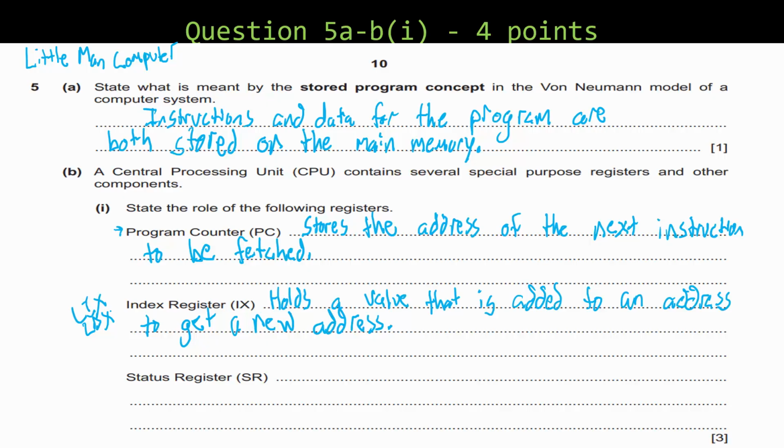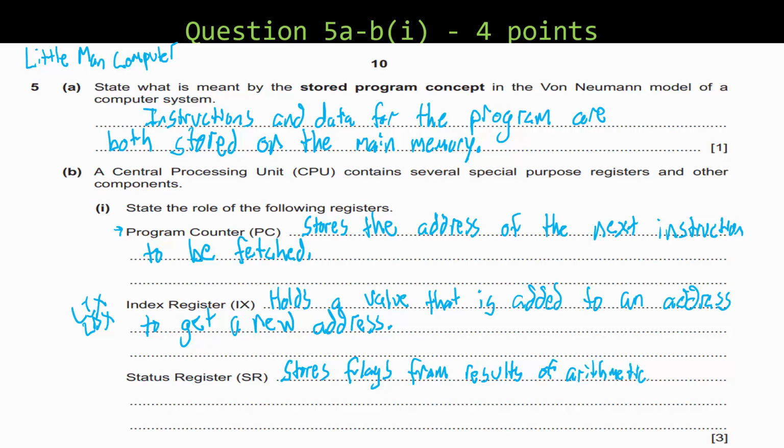Now, your status register, it stores flags. There are 3 types of events it stores flags from: the results of adding, subtracting, arithmetic. So we can say arithmetic.